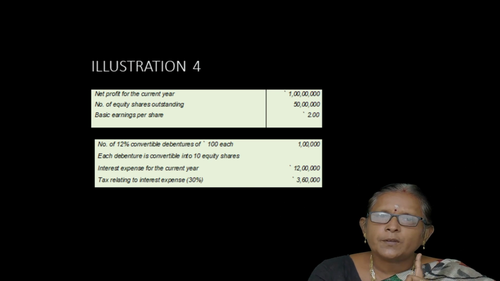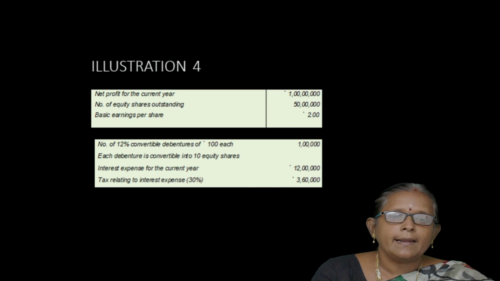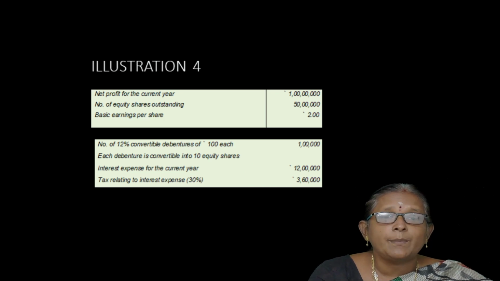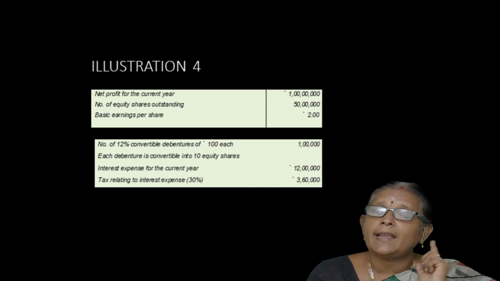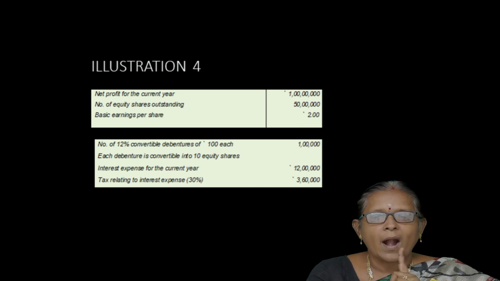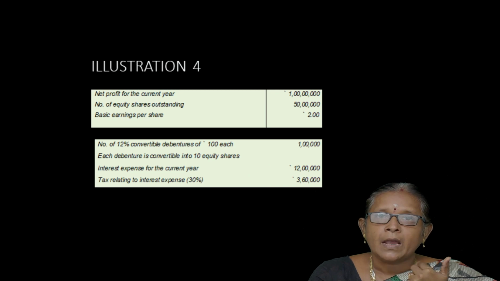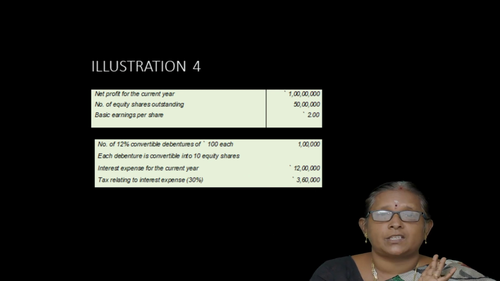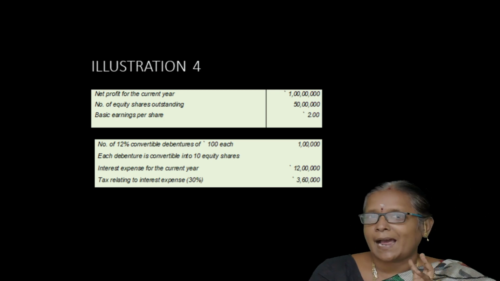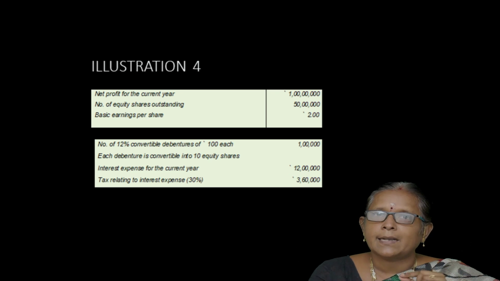What is the procedure for converting the debenture into the equity share? In the problem it is given that each debenture is convertible into 10 equity shares. So one debenture worth rupees 100 is converted into 10 equity shares of rupees 10 each. It is tallied: 100 rupees worth of debenture is converted into 10 rupees worth of equity shares.